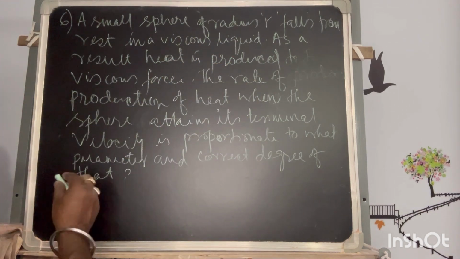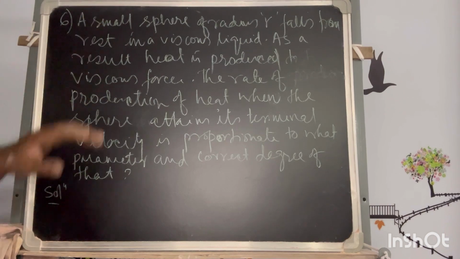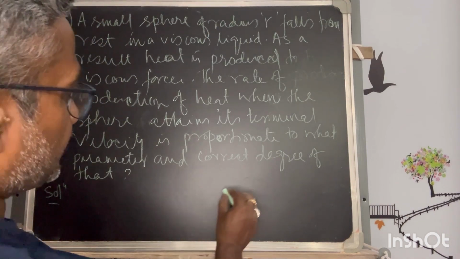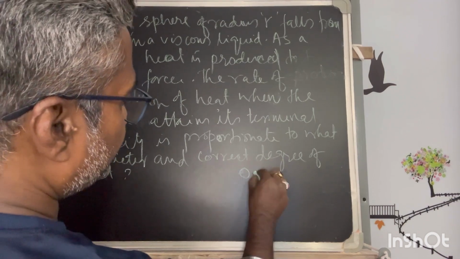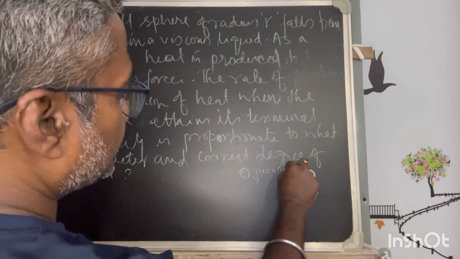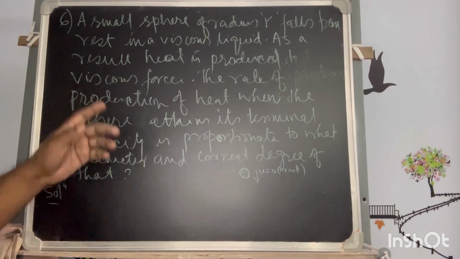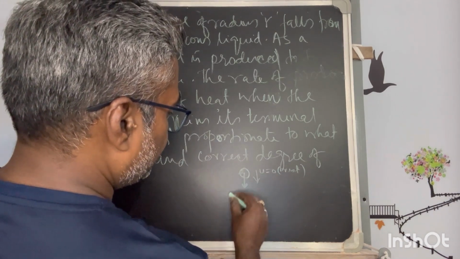So what does that mean actually? Let me understand. A small ball of radius r falls from rest. So this small ball is moving, coming from rest. The initial velocity is 0, and as a result heat is produced. That means when it is falling, what is the free body diagram?